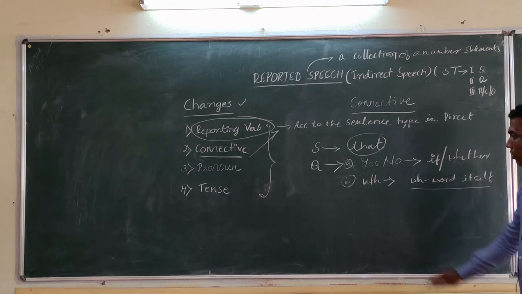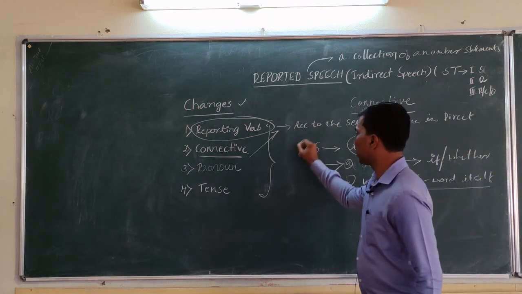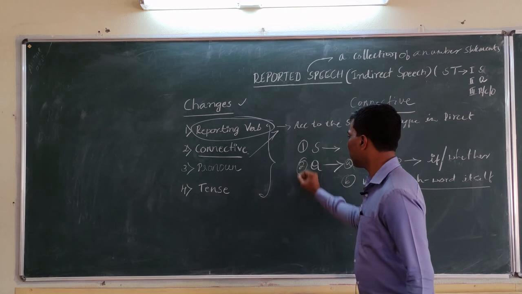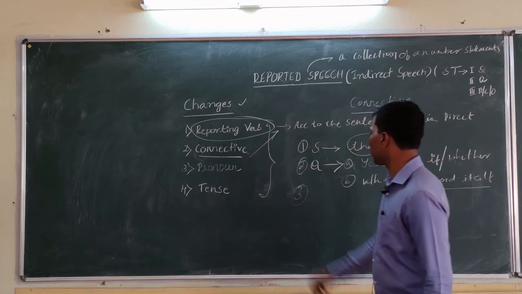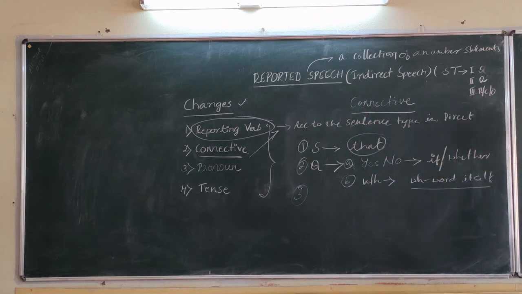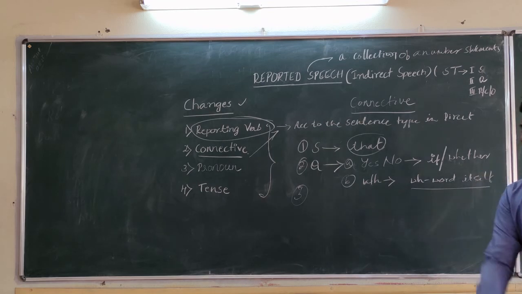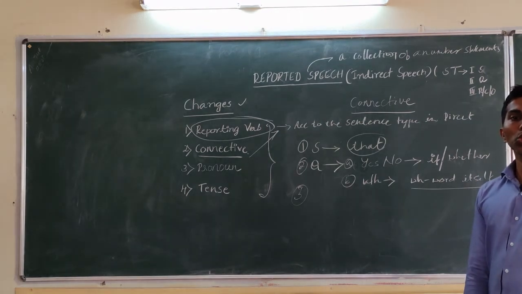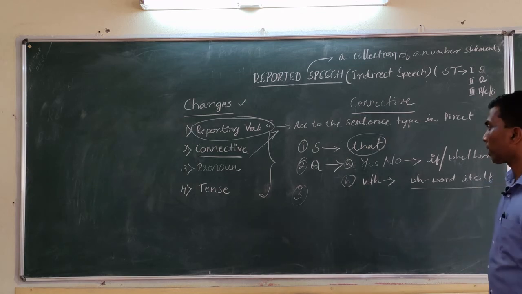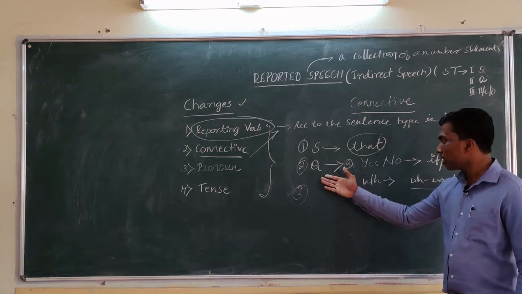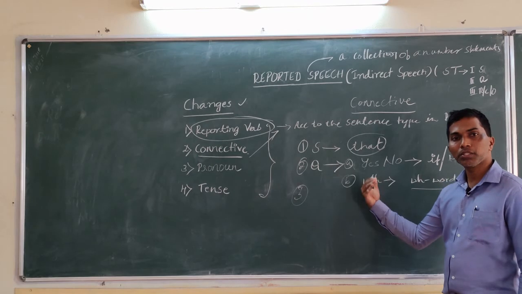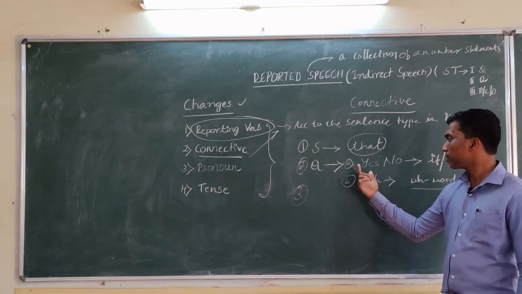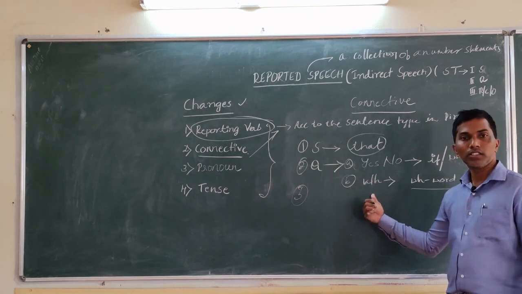So look at it one by one. The statement connective is that, it is a must. There is no compromise, there is no alternative. If it is a question, there are subtypes. The first type is yes, no. The second type is WH.